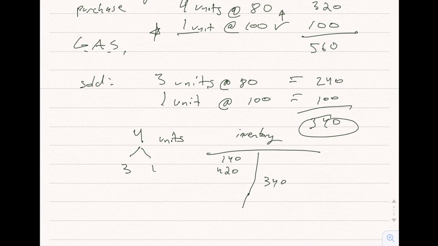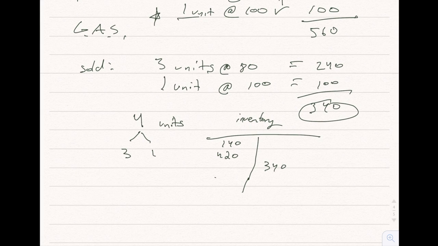You sold 4 units, and under the LIFO system, the assumption is the result is COGS valued at $340. 560 minus 340 is 220. Okay, so this is going to be your ending balance.